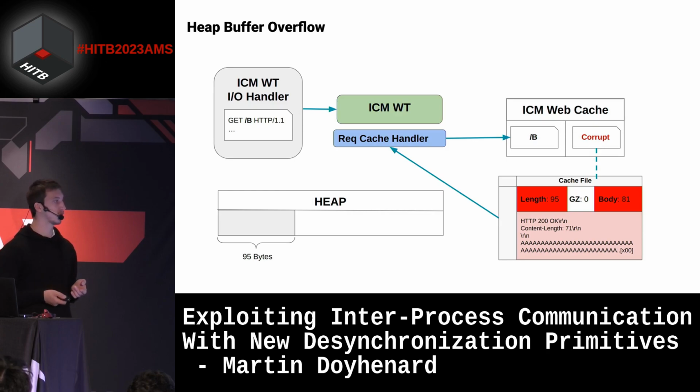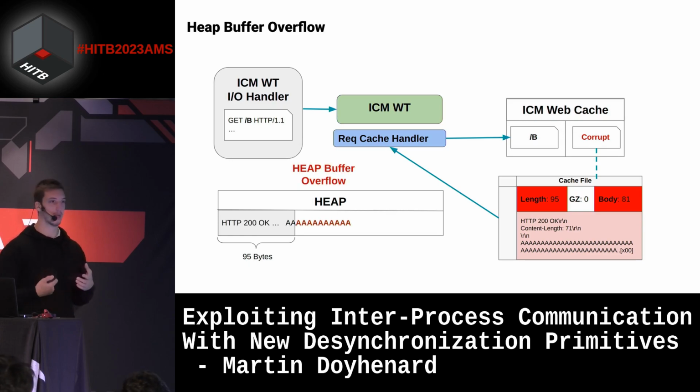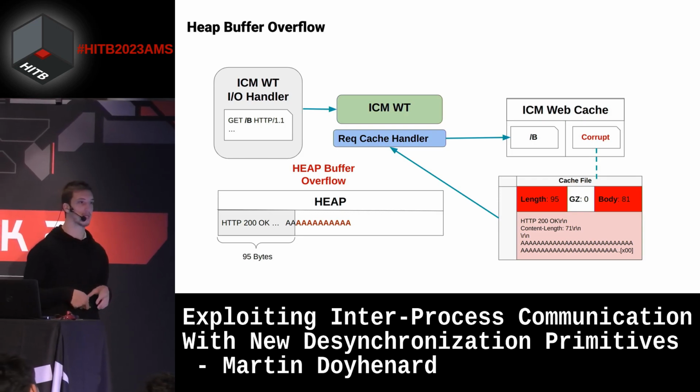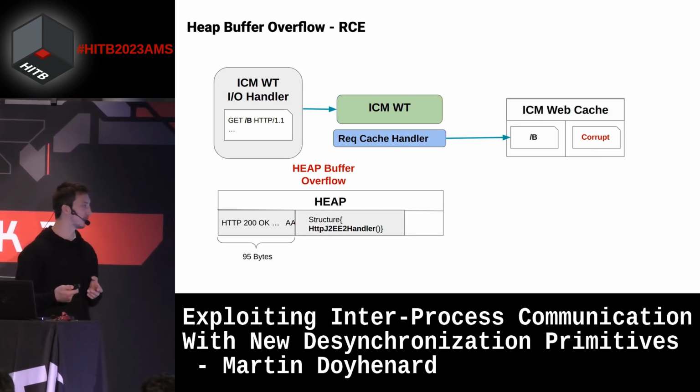And then it's going to write the entire request, looking for null bytes. So it will write the entire response in this place. However, as you saw, the response is actually 106 bytes, and this is 95 bytes. So what's going to be happening is that there will be a buffer overflow in the heap, which will be tampering something else in the heap.